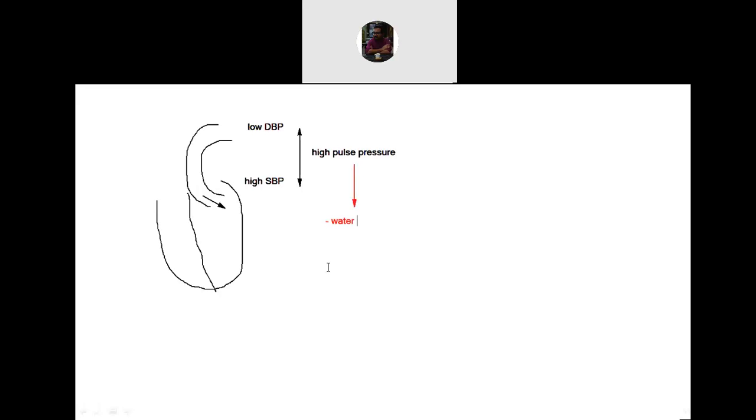Suppose this is the timeline of cardiac cycle. This represents A2, the aortic component, and this is the P2. I'm sorry. Wait for a few seconds, the images will reappear.